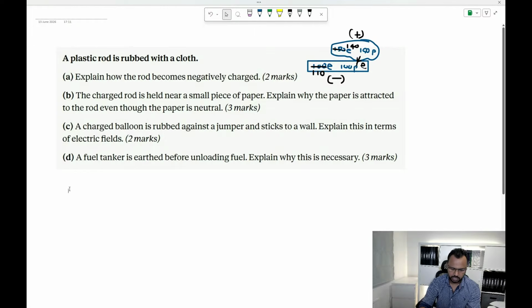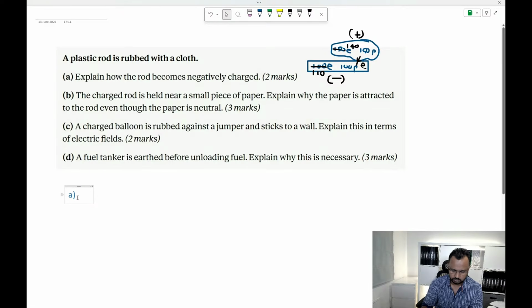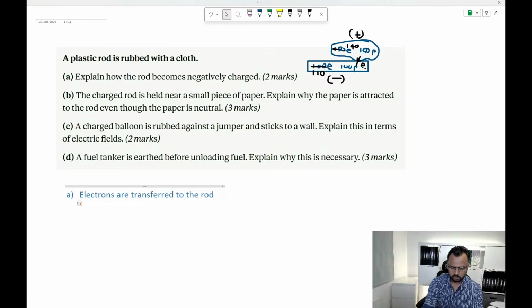So for part A, let me write the answer, guys. Electrons are transferred to the rod from the cloth due to friction.